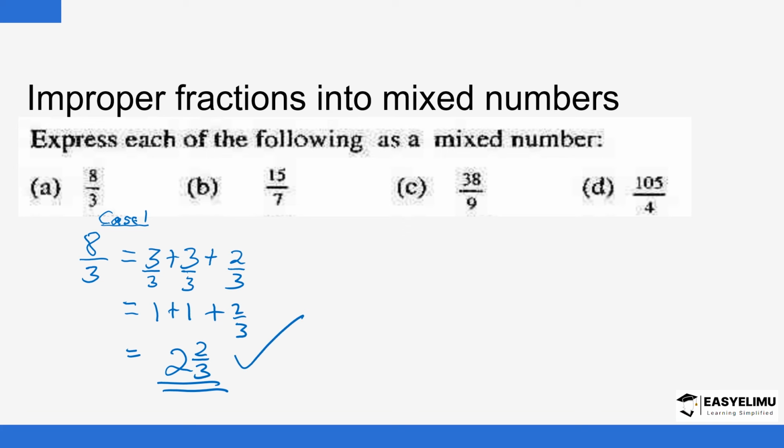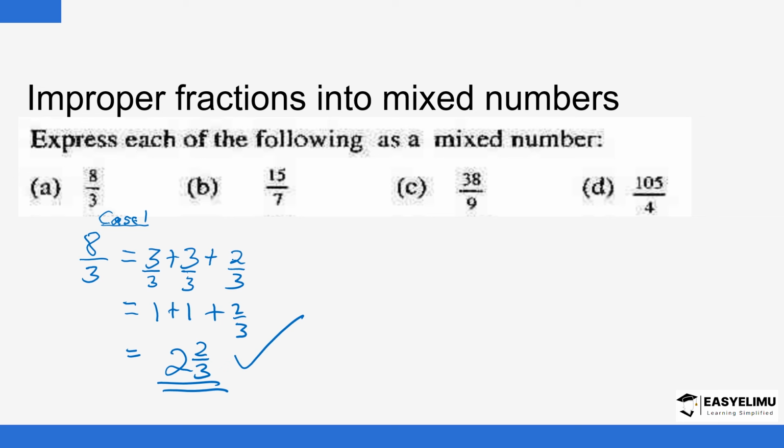You see that. So this is one of the alternatives that can be used to express the improper fraction as a mixed number. Remember, this is read as 2 and 2/3. So the rule is you check the denominator, then you keep adding the denominator until you cannot add it.